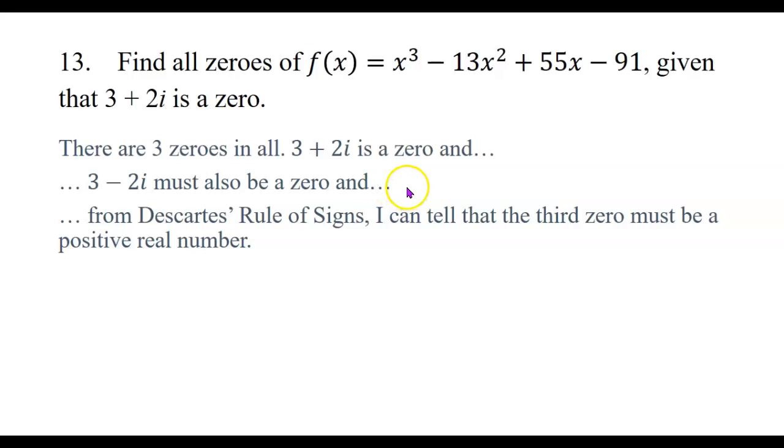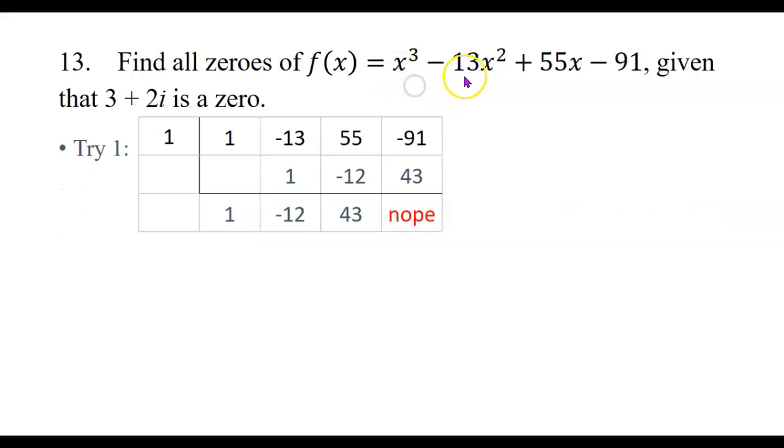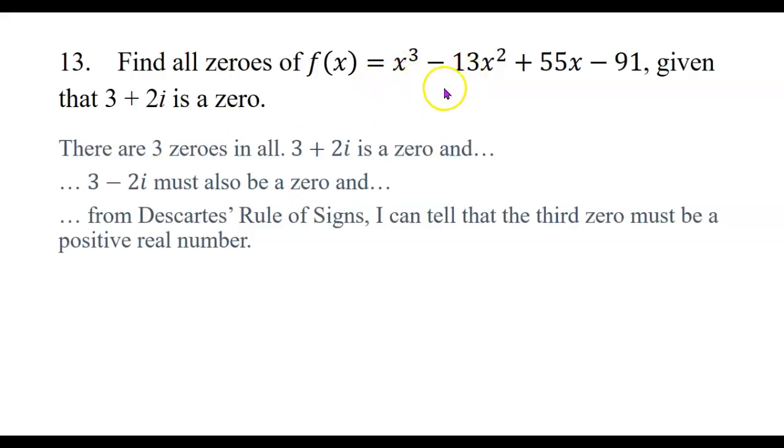And that leaves one more zero that we still have to find before we'll know all 3 of them. From Descartes' rule of signs, let's count the sign changes. Positive to negative, negative to positive, positive to negative, 3 sign changes. So the number of positive real zeros is either 3 or 1.